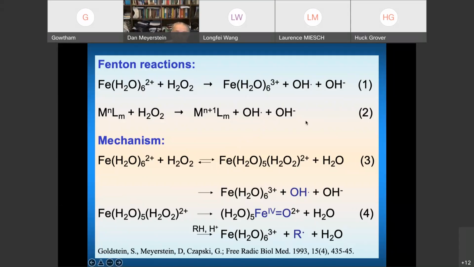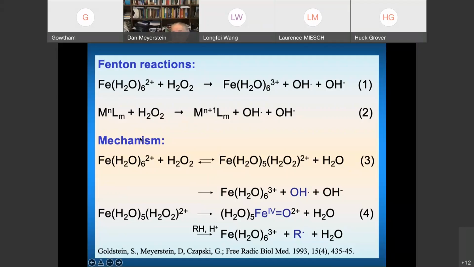The Fenton-like reactions are reactions in which either the metal and or the water ligands are exchanged by other species, and sometimes the peroxide is exchanged by another peroxide.